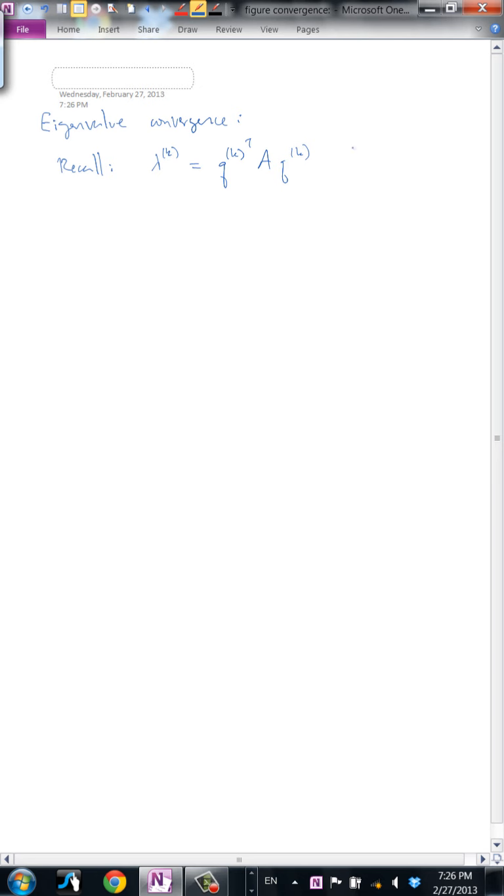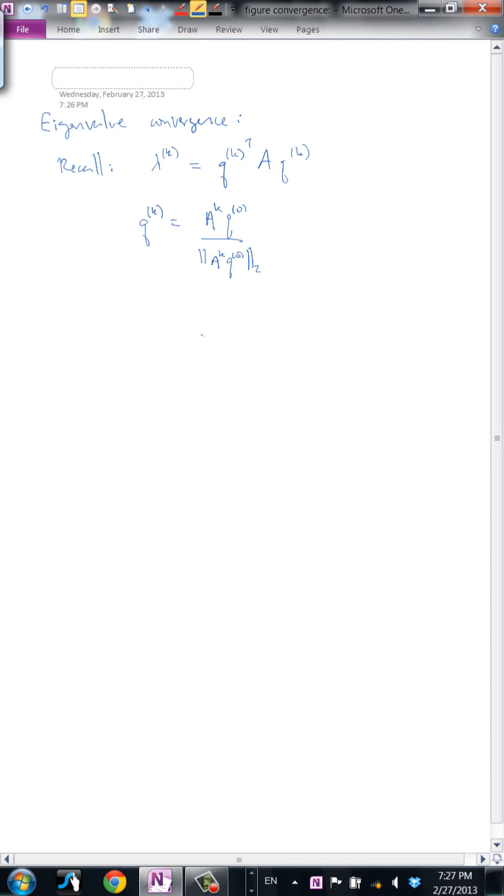So this is natural, and we'll talk again about why this would be the natural estimate corresponding to a vector q of k. So again, let's just plug in what q of k is. So q of k is just equal to A to the k times q of 0 divided by the norm of A to the k times q of 0.